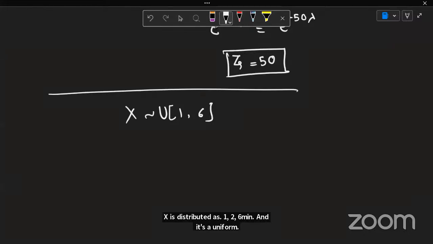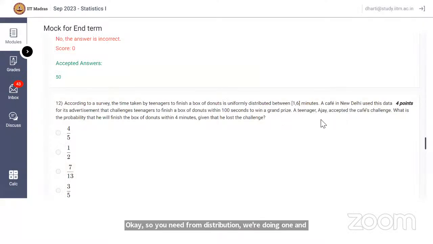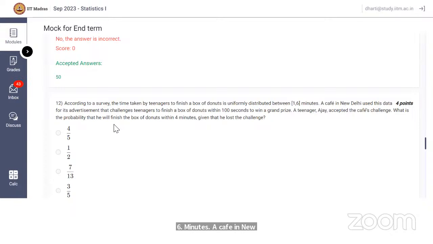A cafe in New Delhi used this data for its advertisement that challenges teenagers to finish a box of donuts within 100 seconds to win a grand prize.